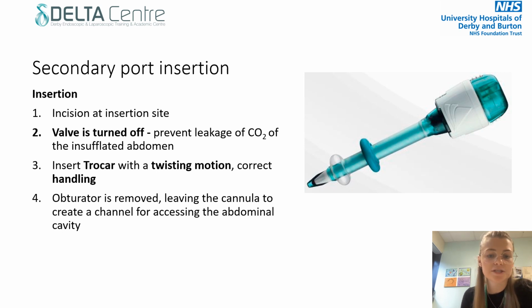So in terms of inserting these, it starts off with a small incision made at the preferred site of insertion, and then with a twisting motion, the trocar is inserted through the abdominal wall incision. The obturator is removed and the cannula is left, which allows this channel to be created. And then after that, you can allow laparoscopic instruments to be inserted through, like we mentioned before.